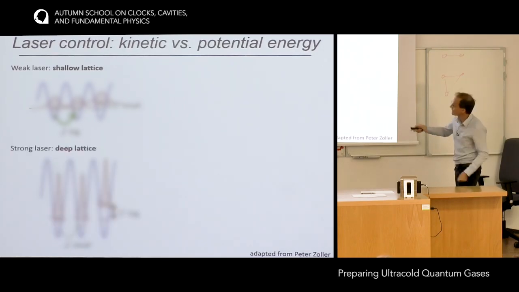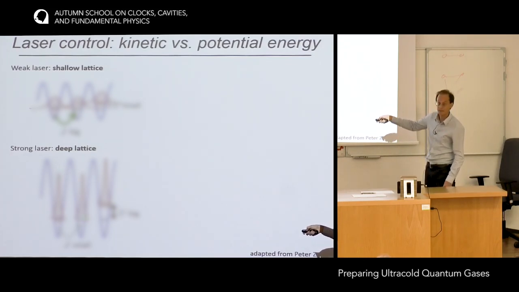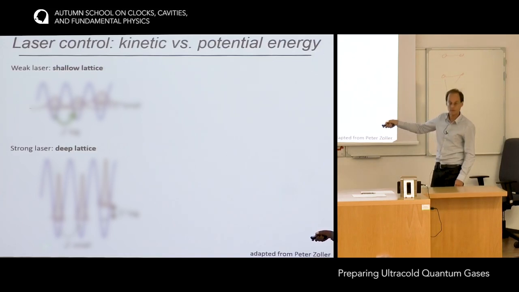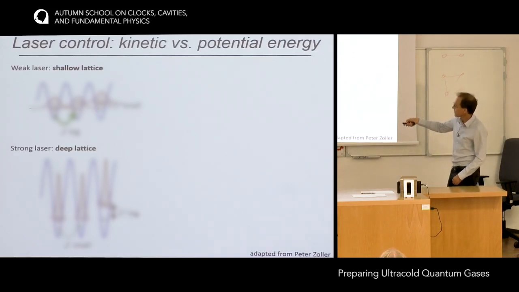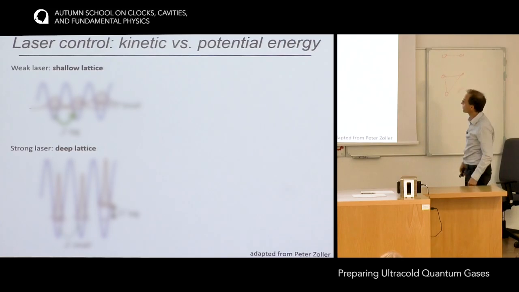Now, if I crank up the lattice, it's the opposite regime. I have a huge barrier between two neighboring lattice sites. There's barely any tunneling anymore. J goes really down. On the other hand, U gets big because you squish these two atoms on top of each other. They see each other and repulse each other strongly.